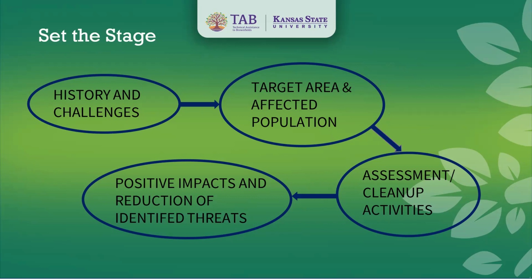For assessment grants, you want to have a really strong idea of what your end use is going to be and how it's going to have positive impacts on the population in the target area, not just in reducing threats from contamination, but also maybe helping on employment, tax base, those sorts of things. Next slide.